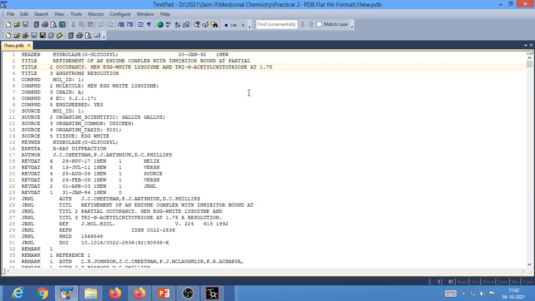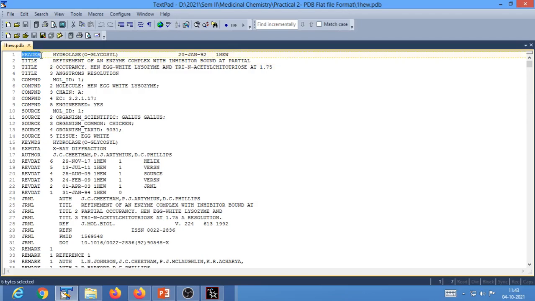For the sake of study, you can say that any PDB file is divided into two major sections. In each and every PDB file, the structural data is arranged in lines, and each line begins with a specific keyword.